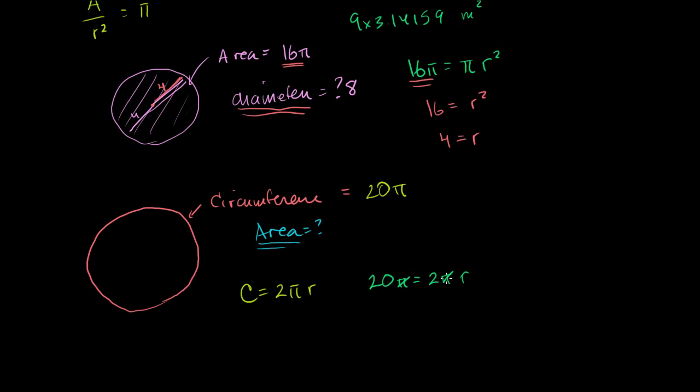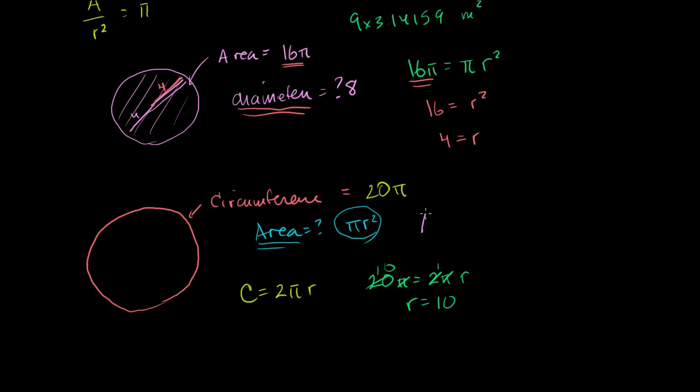And then if you divide both sides by 2, this becomes a 1, and this becomes a 10. You get the radius is equal to 10, which makes sense, right? 2 pi times 10 is going to be equal to 20 pi. So we figured out our radius. Now, we know that the area is equal to pi r squared. And lucky for us, using the circumference, we were able to figure out the radius. Now, using the radius, we can figure out the area.